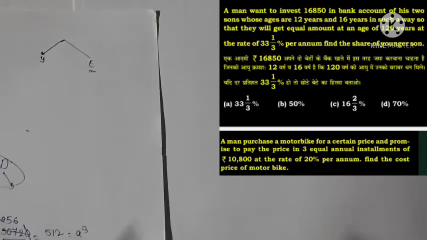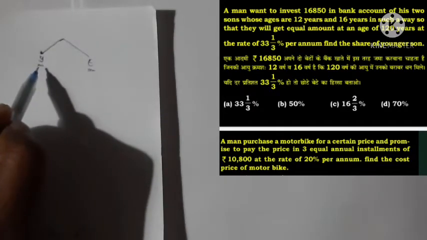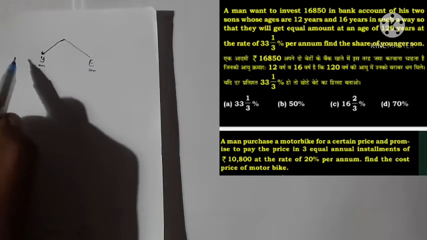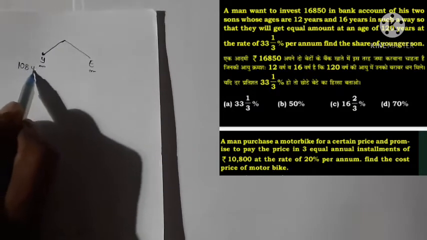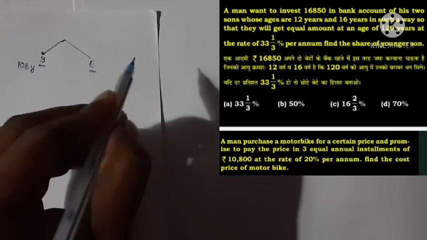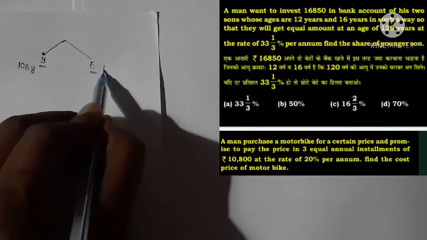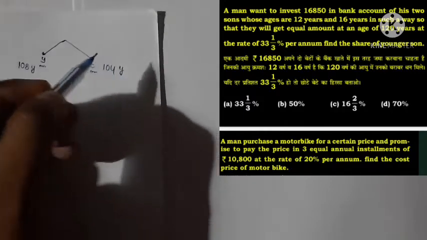That means for the younger son, amount is invested for 120 minus 12, that means 108 years. For the elder son, amount is invested for 120 minus 16, that means 104 years.